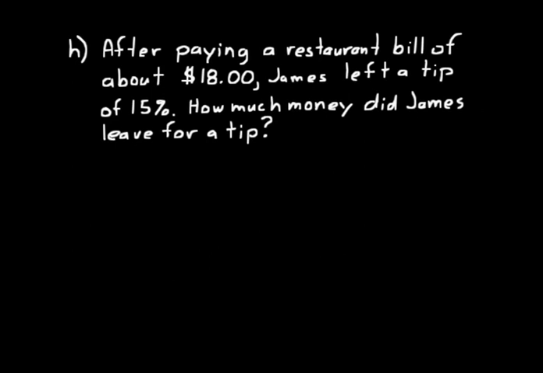Now, we can just multiply $18 by 15%, or 15 hundredths, which would be 0.15, and that would give us the amount of money James left for the tip. So we say $18 times 0.15. We don't worry about our decimal places right now. Just go ahead and do the multiplication here.